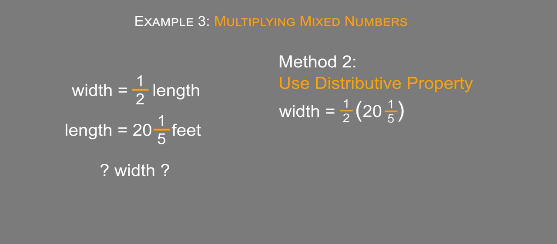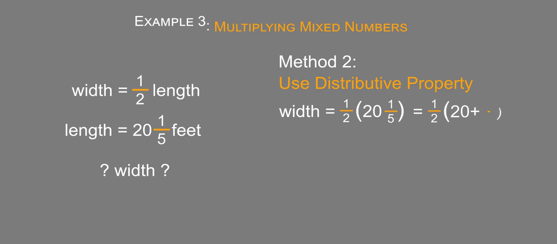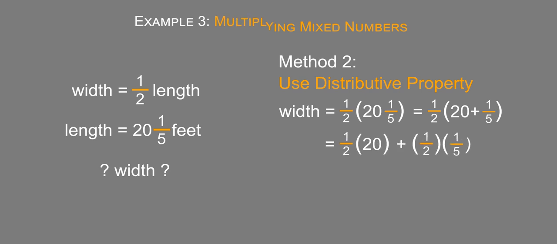And then we convert that second part, the mixed number, to an addition problem of 1/2 times 20 plus 1/5. And then we distribute that 1/2 to both. That equals 1/2 times 20 plus 1/2 times 1/5.